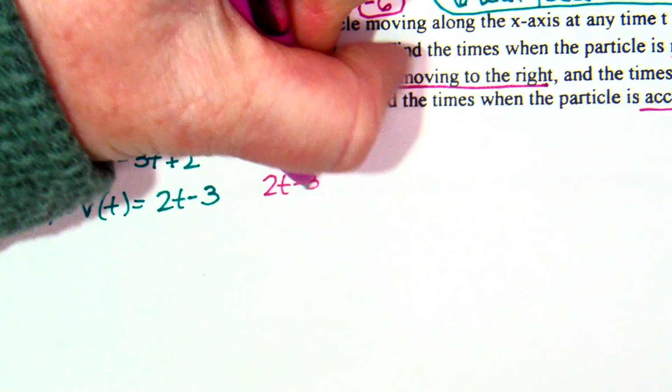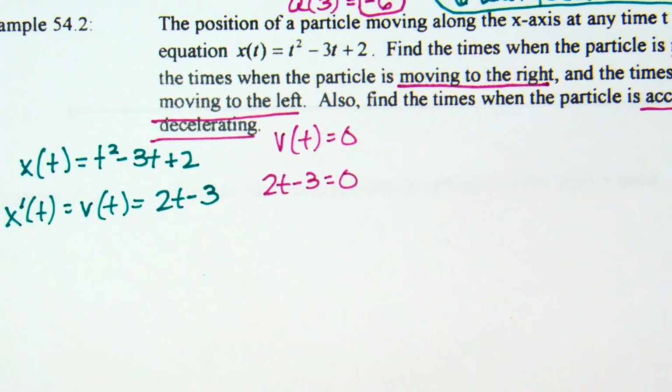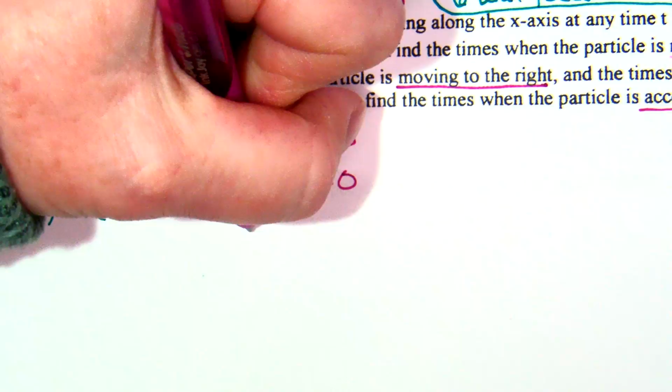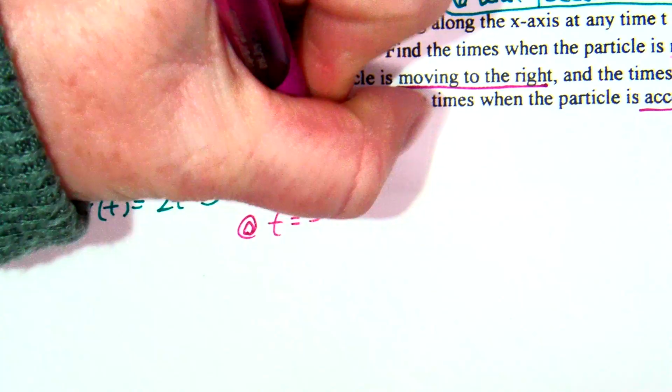When does 2t minus 3 equal 0? 3 over 2. So what I can say is at t equals 3 halves, the particle is momentarily at rest.